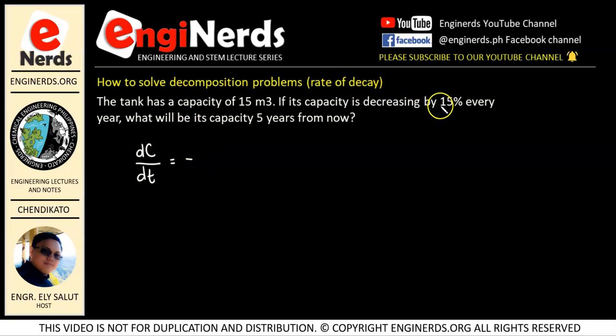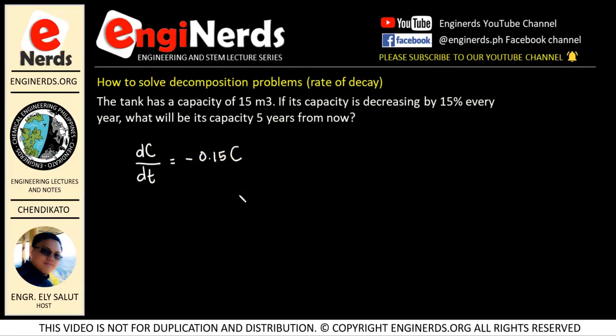And it is decreasing 15% every year, so it will be 0.15. Okay, so that's why we have negative 0.15. And what is changing? It is the capacity of the tank. So the capacity of the tank is decreasing by 15% every year.